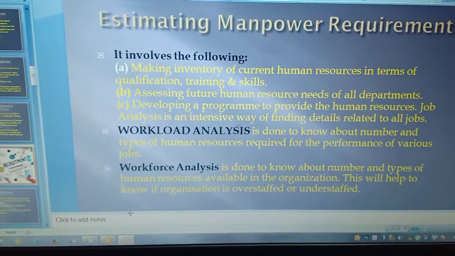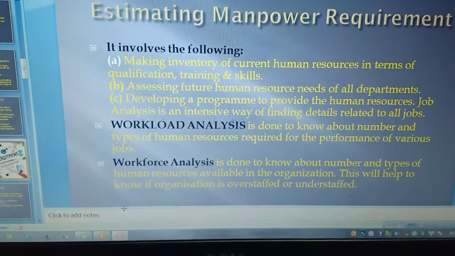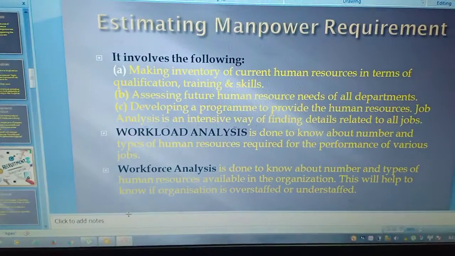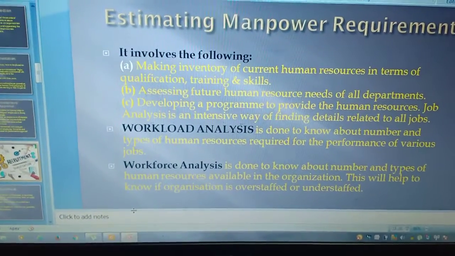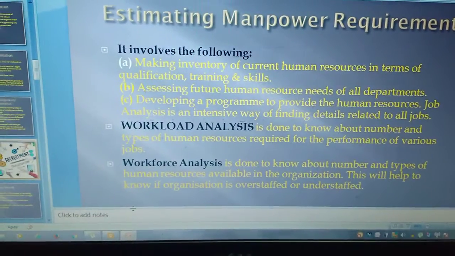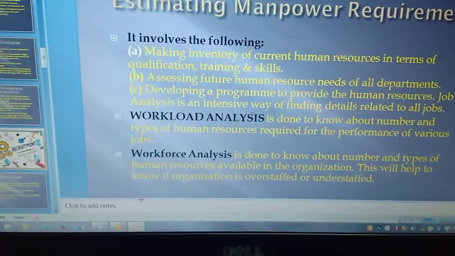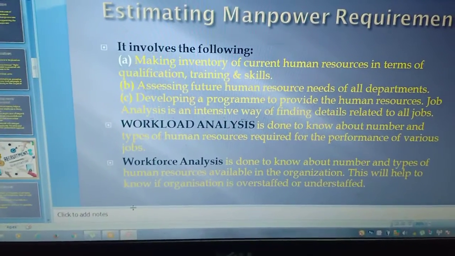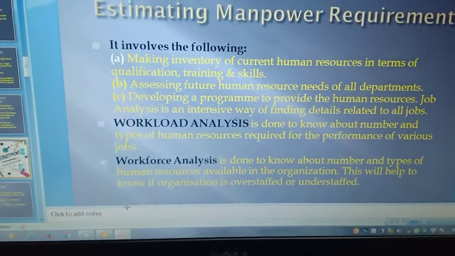Next is developing a program to provide the human resources. Job analysis is an intensive way of finding the details related to all jobs. So we develop a program to provide the human resources with the help of this analysis. This analysis is basically divided into 2 categories: workload analysis and workforce analysis.